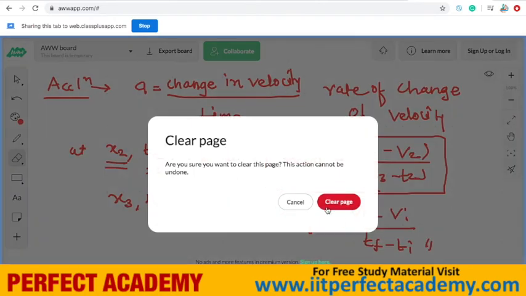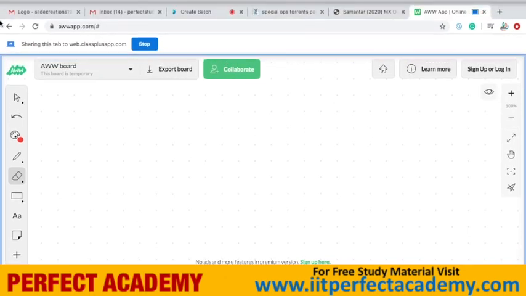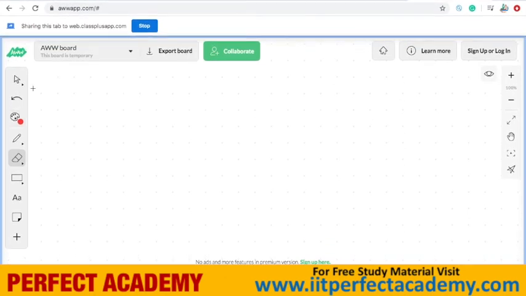Now let's move on to some further mature concepts which we have to discuss. First is instantaneous velocity.